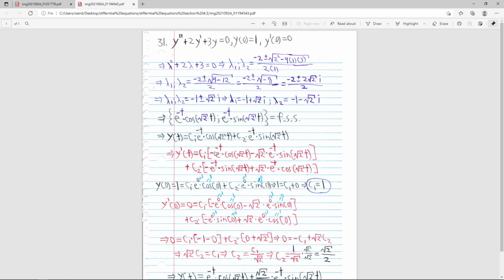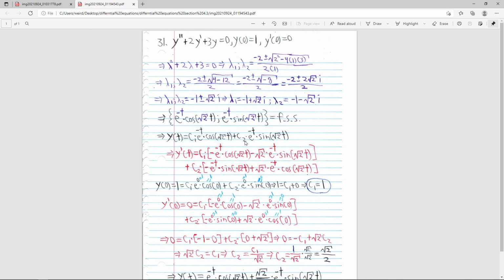We take e^(-t)'s derivative, which is just -1, so -e^(-t) cos(√2 t), minus, because the derivative of cosine is negative sine, and of course √2 comes out, so it's minus √2 e^(-t) sin(√2 t). So that's the first part.